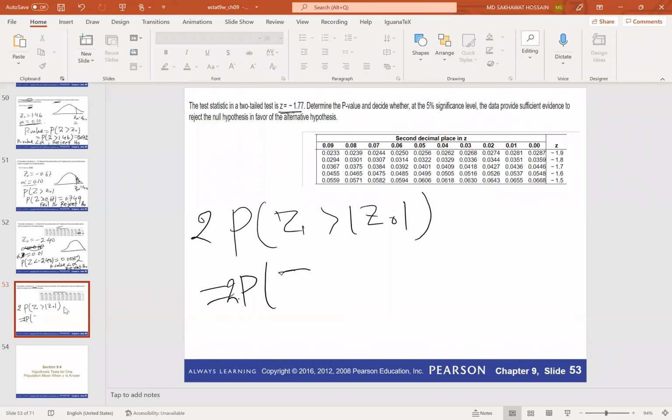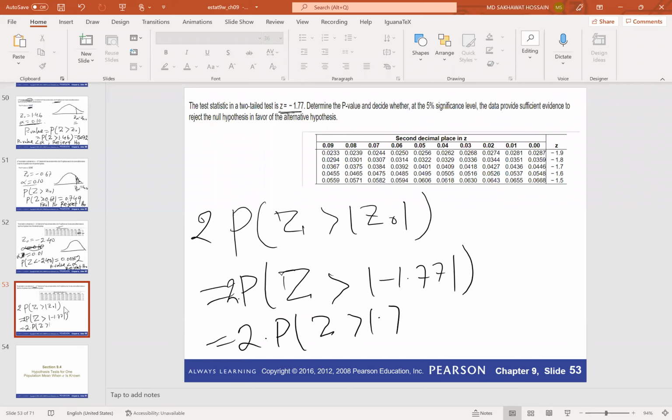This is the p-value. So if you take the absolute value of negative 1.77, it will be 2 times the probability of Z greater than 1.77. So where is 1.77? This is 1.7 and this is 7. So this value is 0.0384.